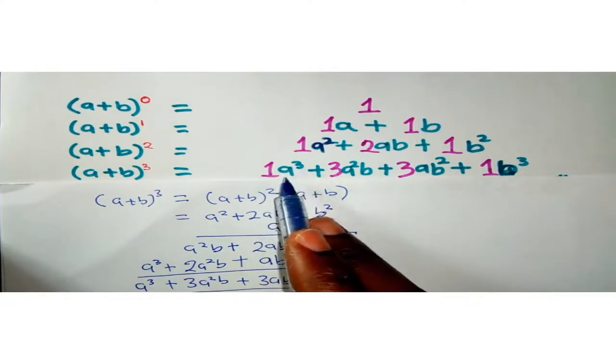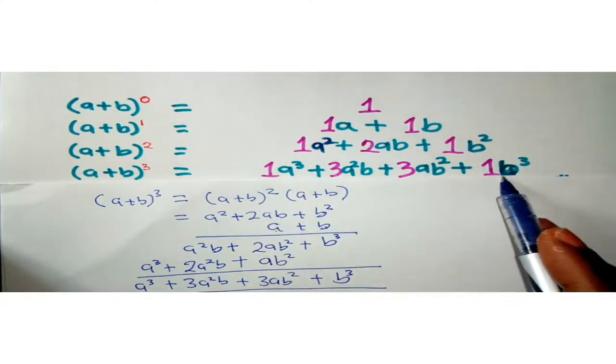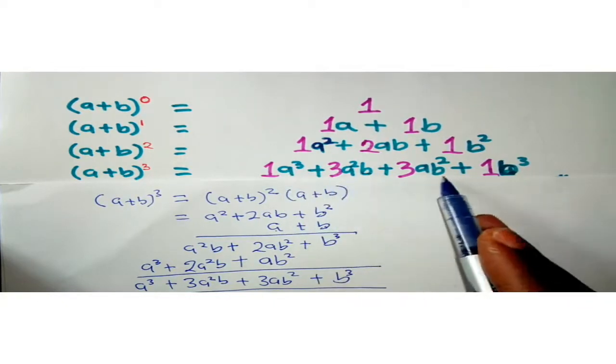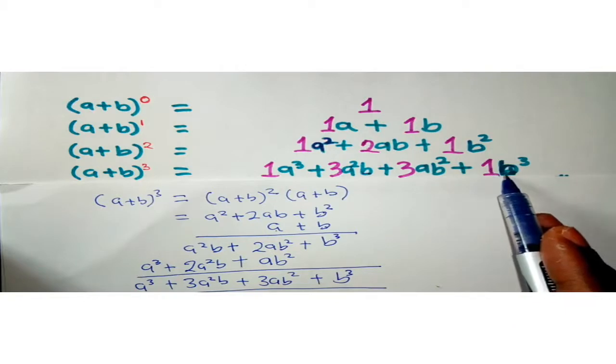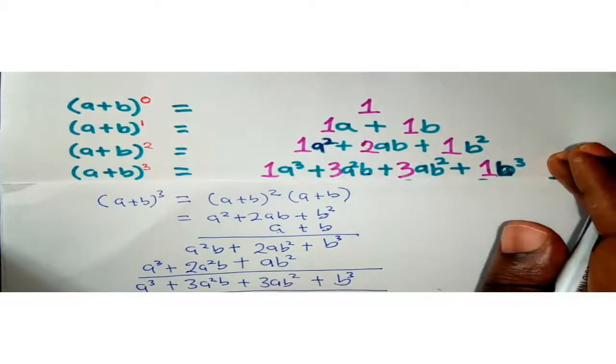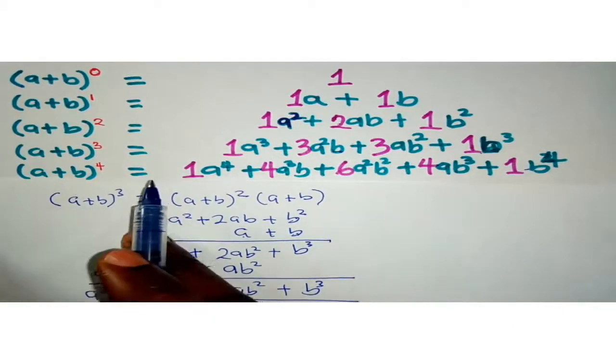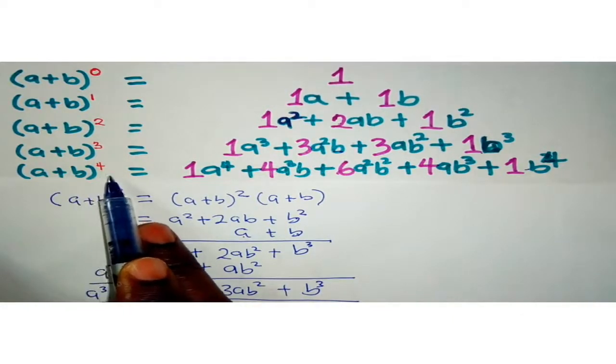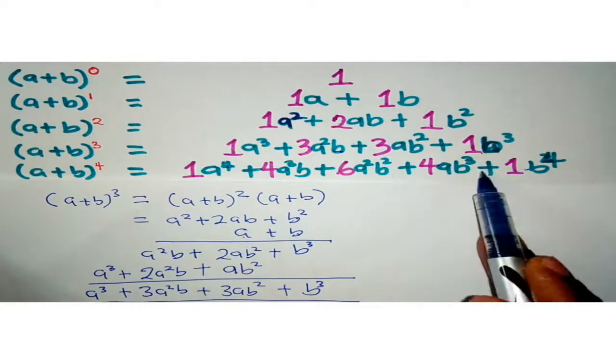The coefficient for a cubed here is 1, and for b cubed is also 1. So we have 1a cubed plus 3a squared b plus 3ab squared plus 1b cubed. So in a similar manner, we can obtain the expansion of a plus b raised to power 4 as this.